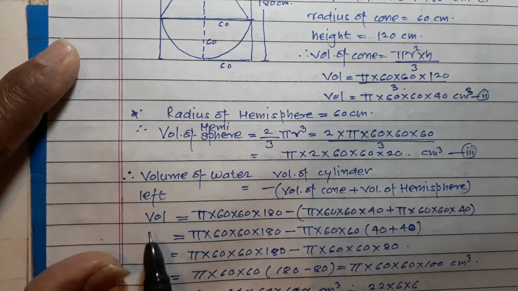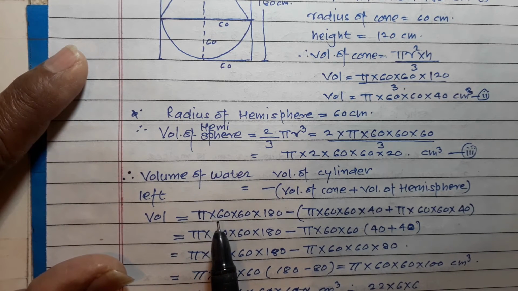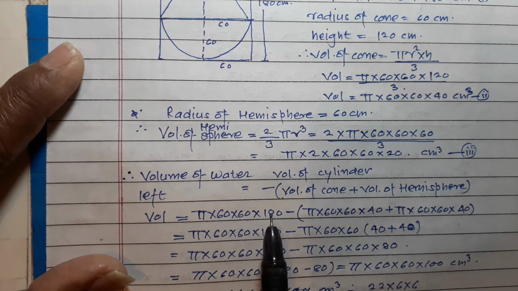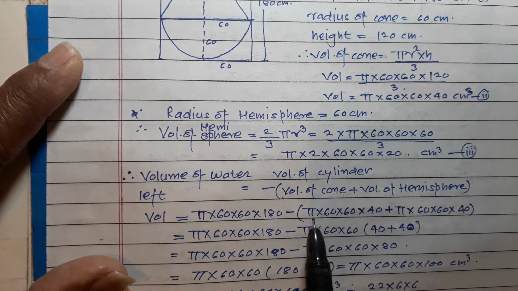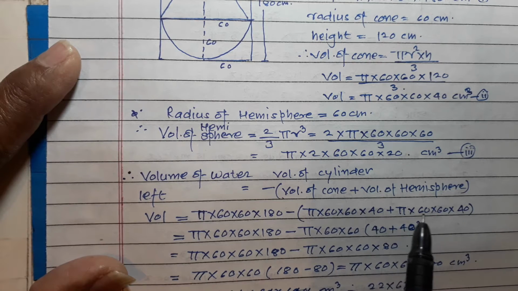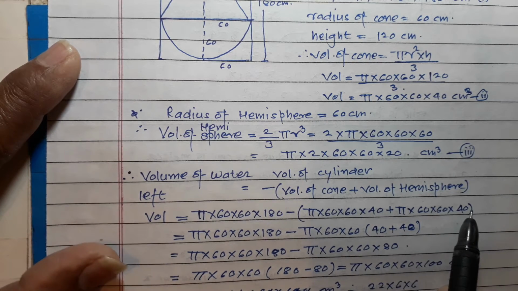So volume of water left is equal to pi into 60 into 60 into 180 minus bracket pi into 60 into 60 into 40 plus pi into 60 into 60 into 40.